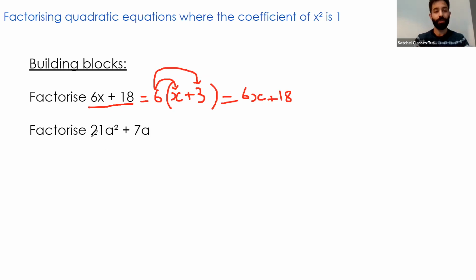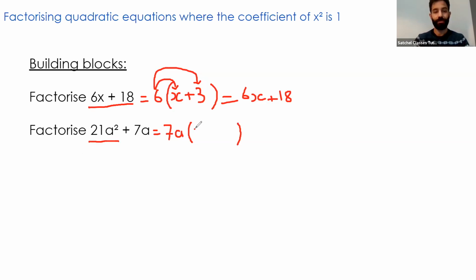All right, so you can pause the video and have a go at this one. What is the highest common factor of 21a squared and 7a? Well, the highest common factor is going to be 7 because 7 goes into both numbers, and they both also have 1a. So on the outside, we're going to have 7a. Then we draw a bracket. Then you need to ask yourself, 7a multiplied by a number or a letter to give us 21a squared.